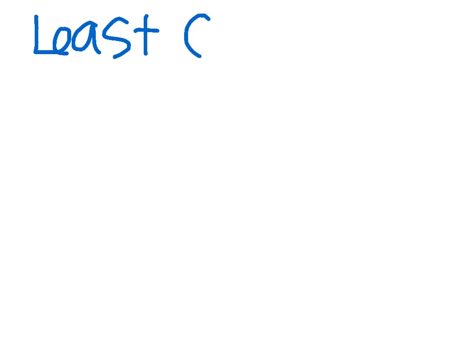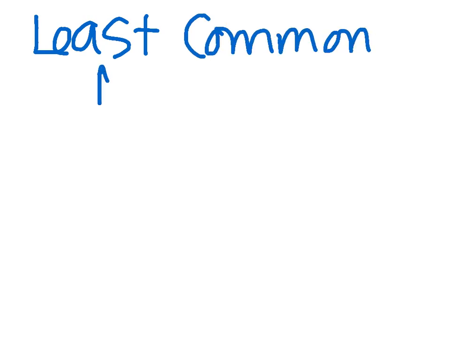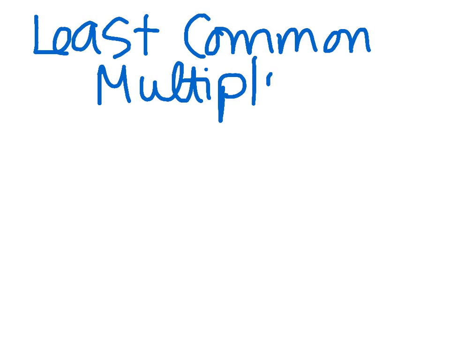The least common multiple is the smallest number that 2 or more numbers go into evenly. Okay, we can use the basic idea of prime factorization once again to figure out the least common multiple.